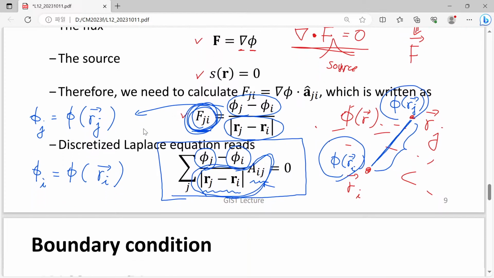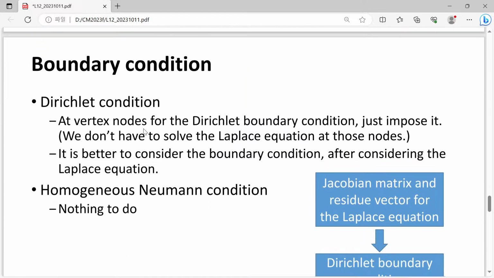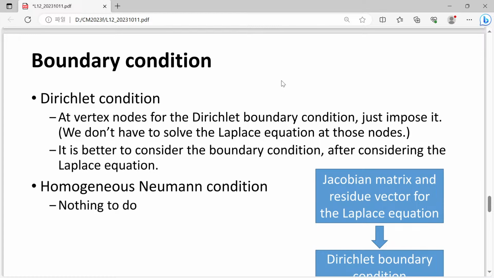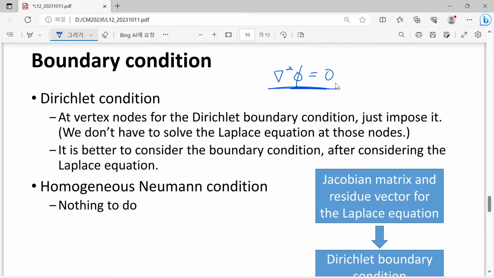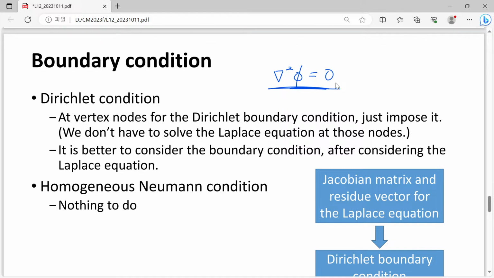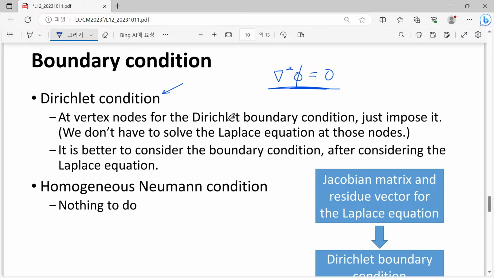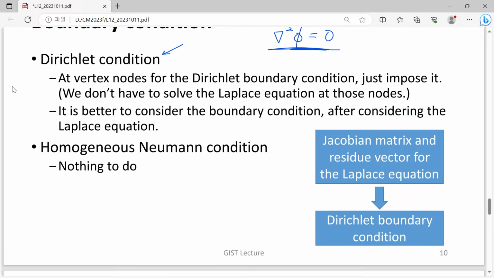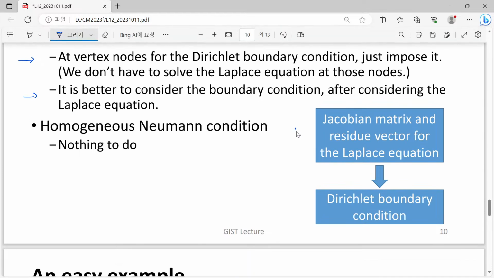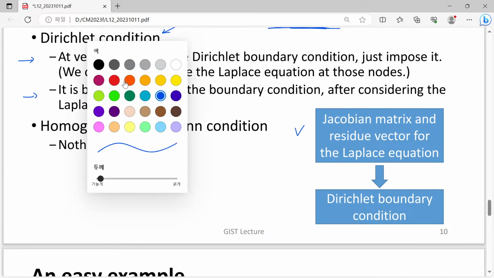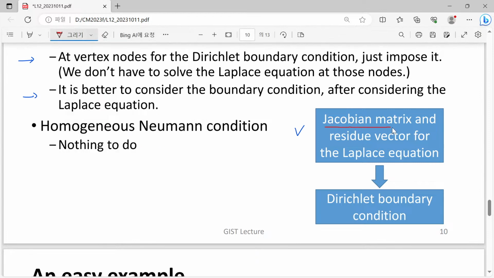Now let's go to the boundary condition. Up to now, we have thought about the Laplace equation. However, the Laplace equation itself cannot be used to calculate the concrete solution. We must consider the Dirichlet boundary condition. My recommendation is, first, construct your Jacobian matrix and residual vector for the Laplace equation.